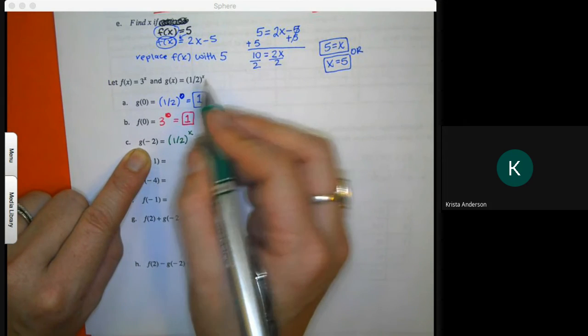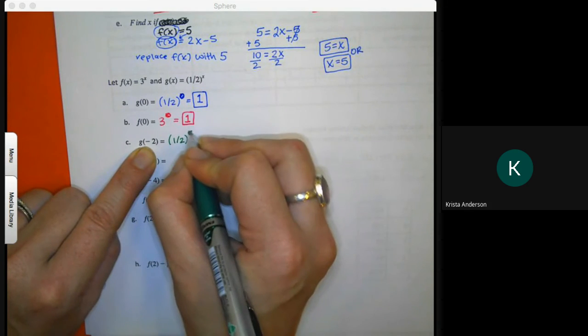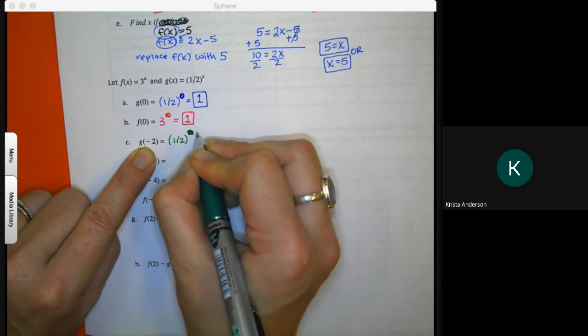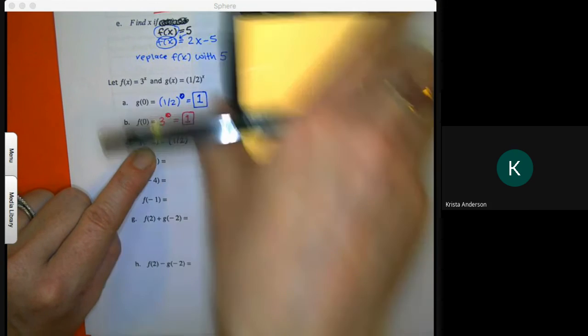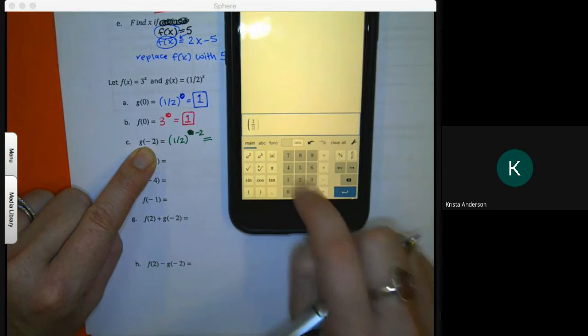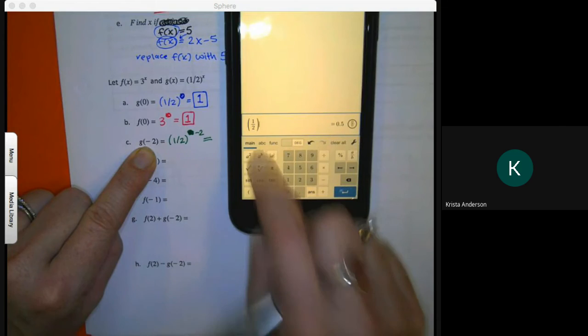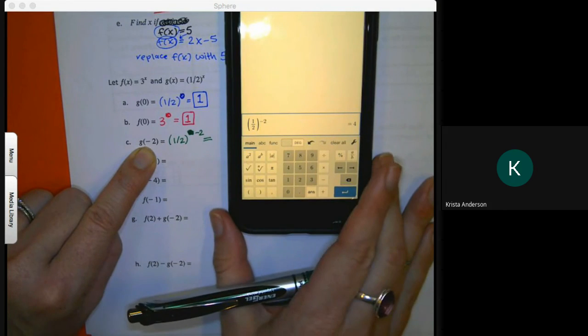I need to replace that x with a -2, so I'm just going to replace it with a -2 in there. (1/2) to the power of -2 is 4.